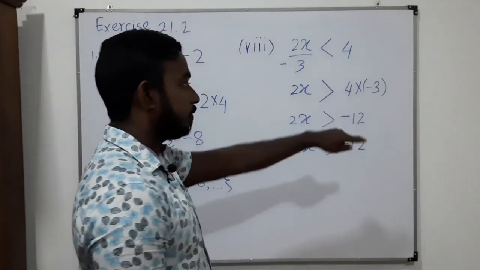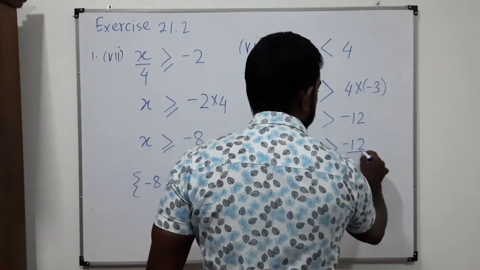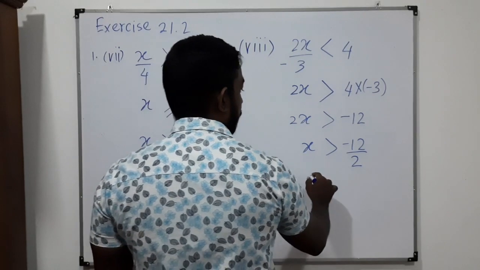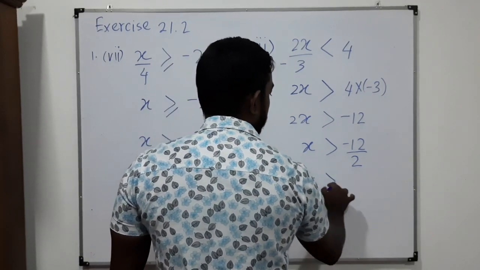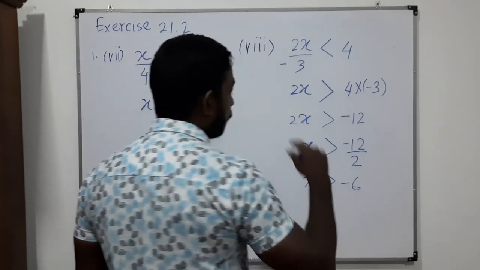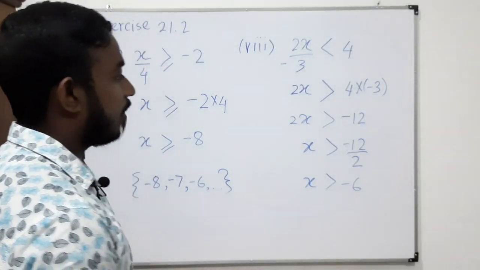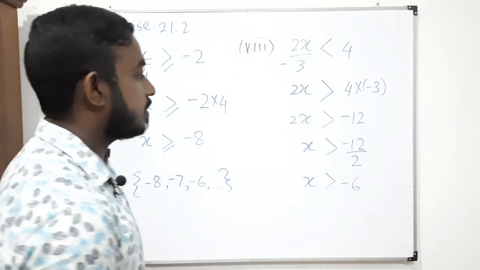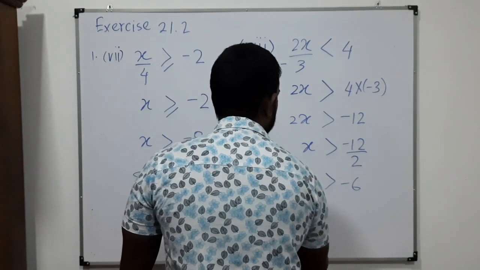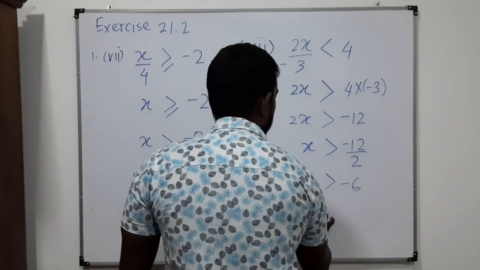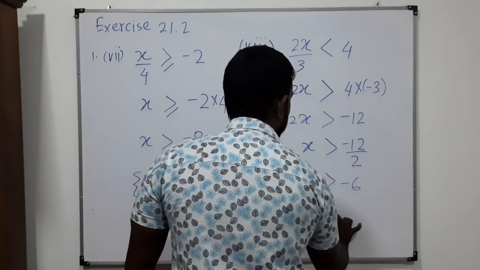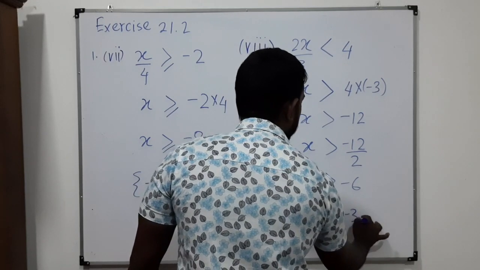When this 2 goes to this side, it will be a division. So we can write x is greater than minus 6. Now you can imagine the number line and what are the values which are greater than minus 6. So we can write the integral solution as minus 5, minus 4, minus 3.